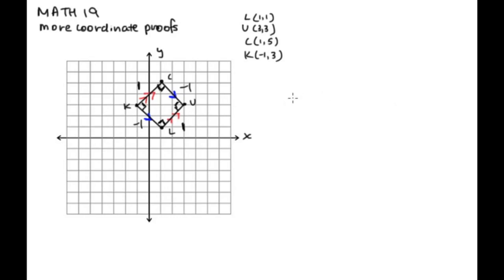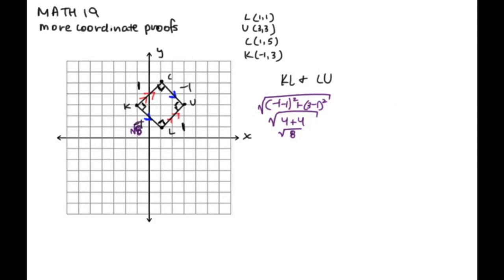So let's just do the distance formula on KL and LU to double check this. So KL distance formula is going to be negative 1 minus 1 squared. So that's rad 8 over here, rad 8.